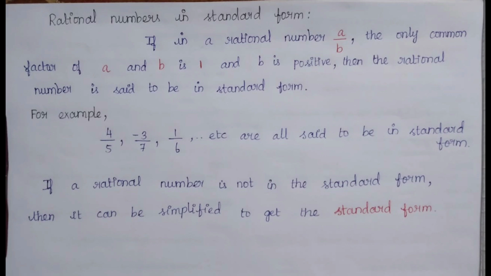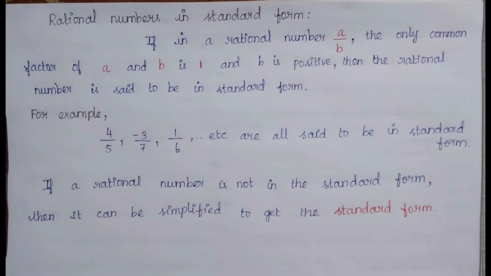So both conditions are true, therefore it is said to be in standard form. Minus 3 by 7, in this fraction also there is no common factor except 1 and the denominator b is also positive. Hence it is also in standard form, in the same way 1 by 6.